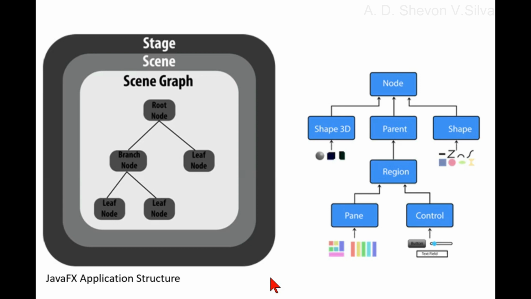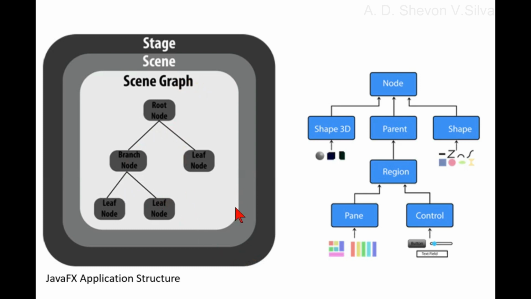However, we can add various objects to this primary stage. The objects can be added in a hierarchical way. That is, first a scene graph will be added to this primary stage. Then that scene graph may contain nodes.